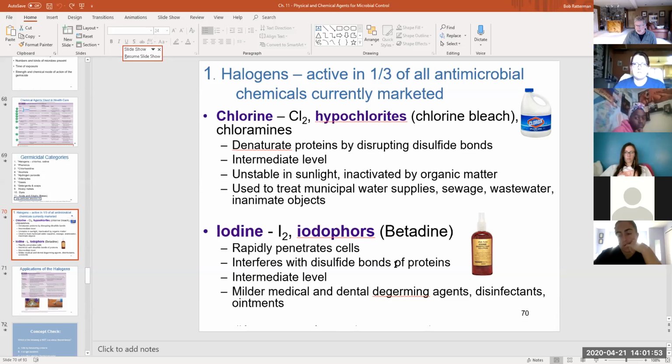And so I think you should be familiar with the fact that most of these halogens are impacting proteins, bacterial proteins. So I would try to connect the germicide to exactly how it impacts the bacterial cell.